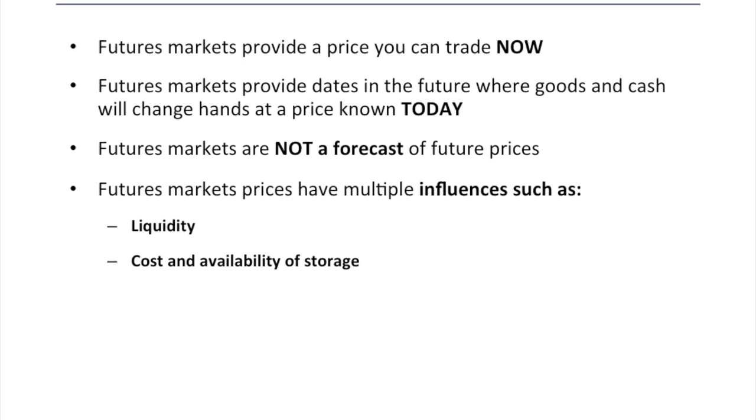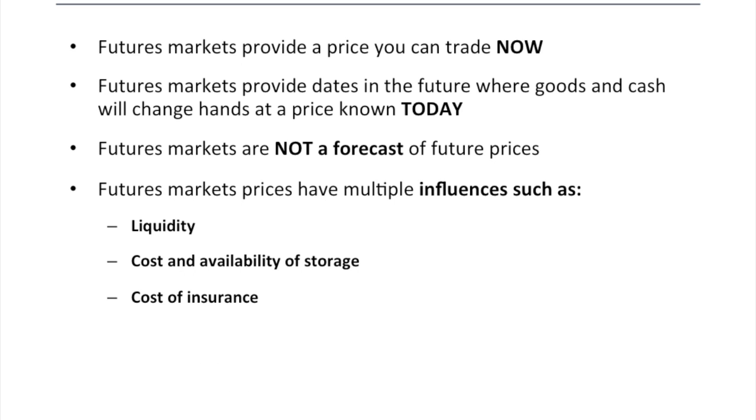The second item is cost and availability of storage. If I'm not able to store my product, I may be in a position that I must commit to sell it at a lower price in the future to ensure some sort of price visibility. If I have a lot of storage, I know that I will be free and it'll be easy to store a product today to deliver at some point in the future.